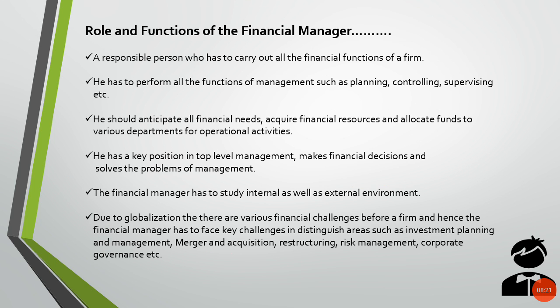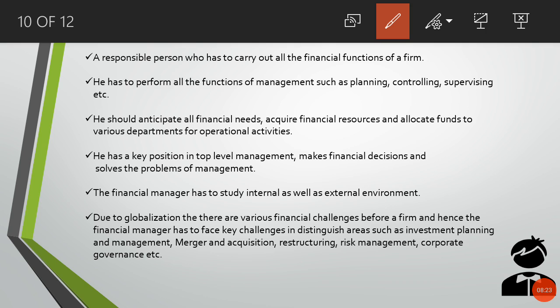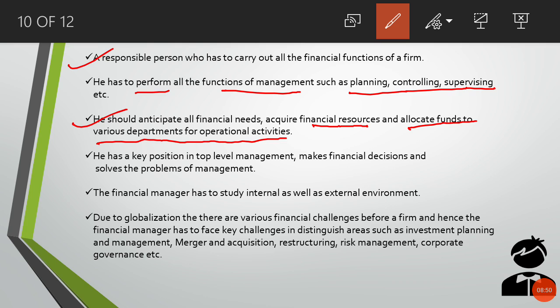Role and functions of the financial manager. He is a responsible person who has to carry out all the financial functions of a firm. He has to perform all the functions of management such as planning, controlling, supervising, etc. He should anticipate all financial needs, acquire financial resources, and allocate funds to various departments for operational activities. He has a key position in top level management, makes financial decisions, and solves the problems of management.